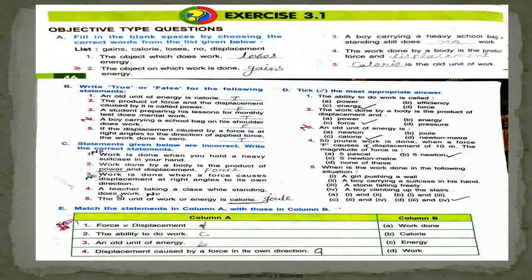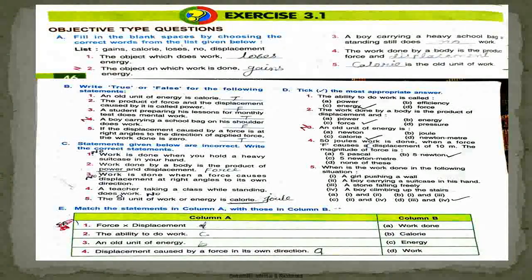D. In D, third and fourth situations are given, and in the third and fourth situations we can say that work is done. Because for a stone falling freely, someone is throwing the stone, that means someone is exerting the force and the displacement is there.